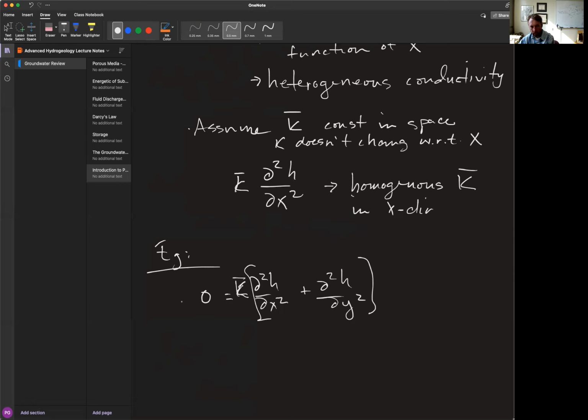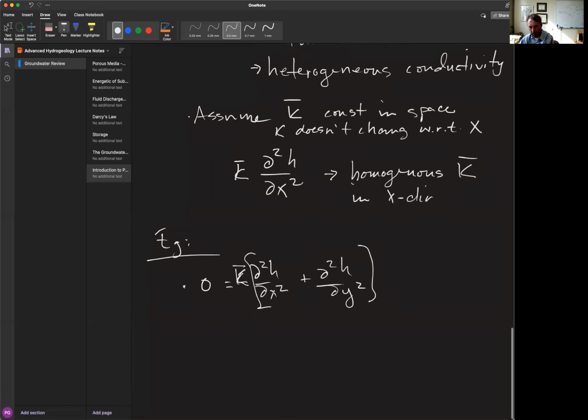The 0 implies that my head is not changing with time, so it's steady state. Oh, and I only have two dimensions, x and y, so I'm only considering flow in the x and the y direction.